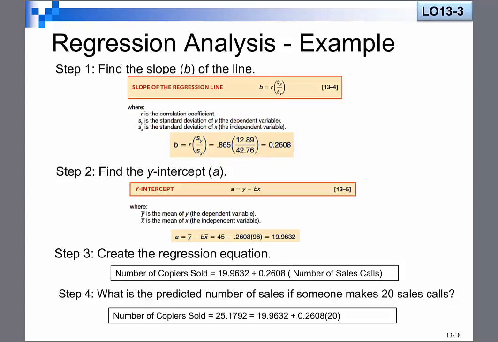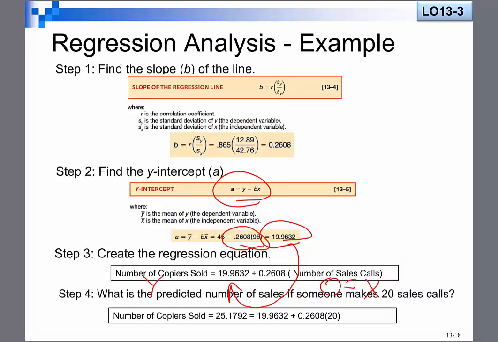Finding the y-intercept, here's our formula: y bar minus b times x bar. If you plug in the numbers, here they are, and then you'd have 19.96, which is found right there. And of course, 19.96 as your y-intercept represents the fact that if x equals 0, you still would have 19.96 copiers sold.